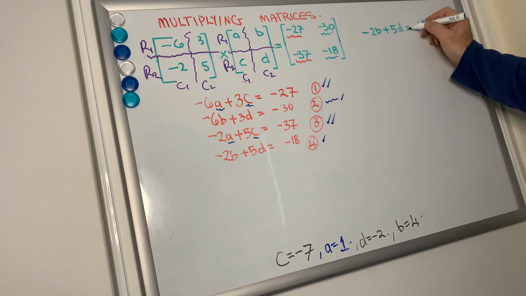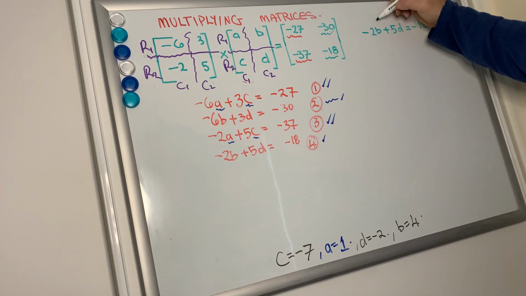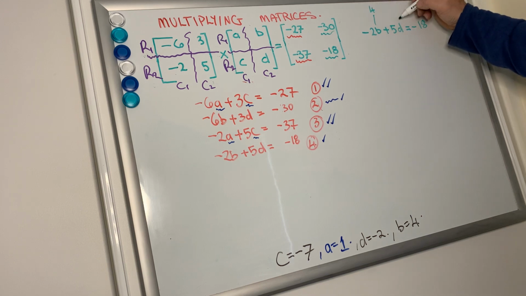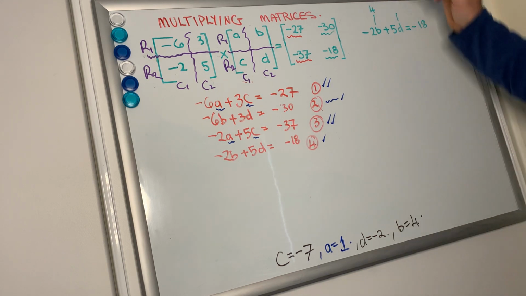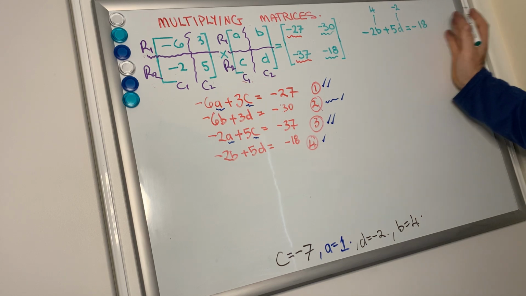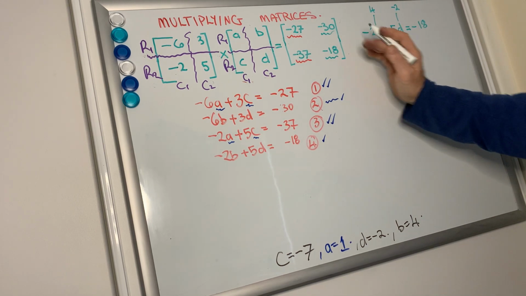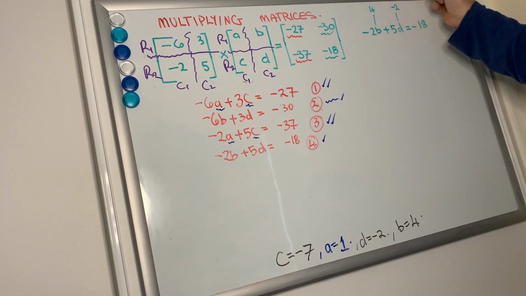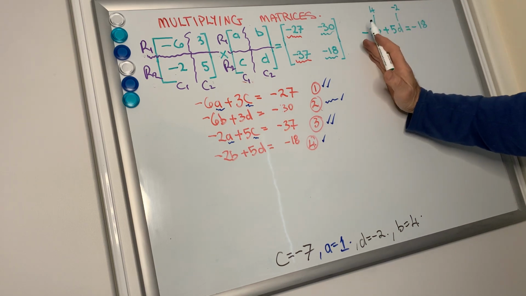If we put in the value for b, which is 4, and the value for d, which is minus 2, the left-hand side should equate to minus 18.